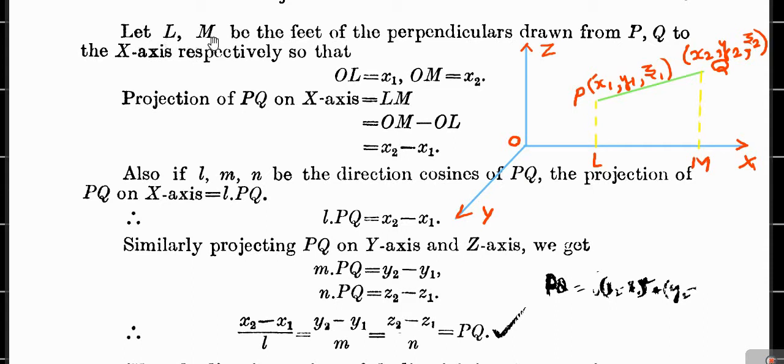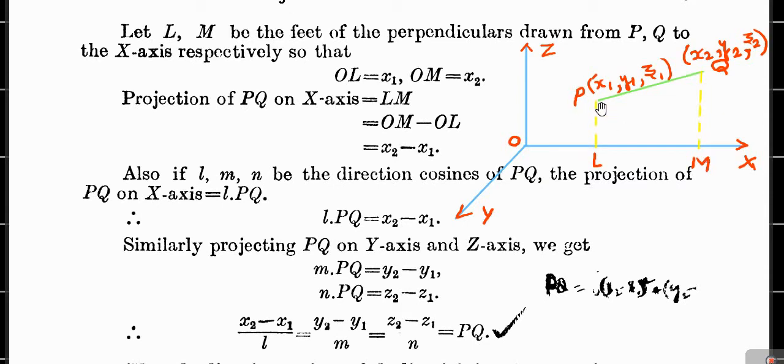Let L, M be the feet of the perpendiculars drawn from points P and Q to the x-axis respectively. First of all, we'll find the projection of segment PQ on the x-axis.